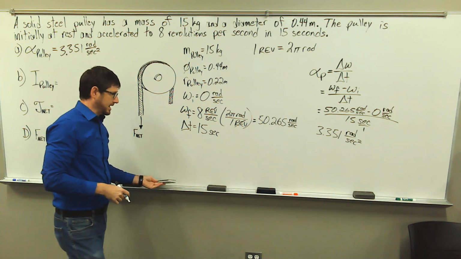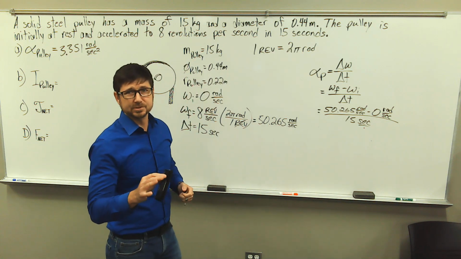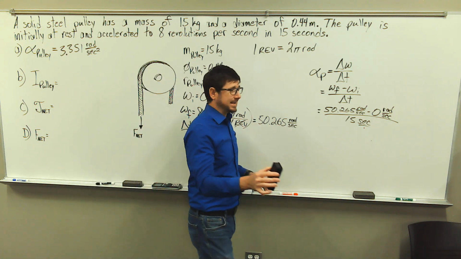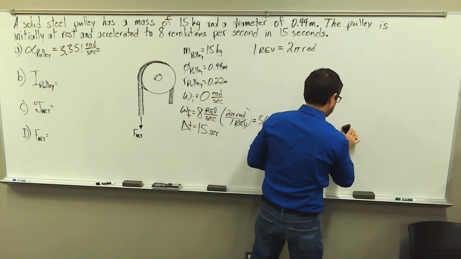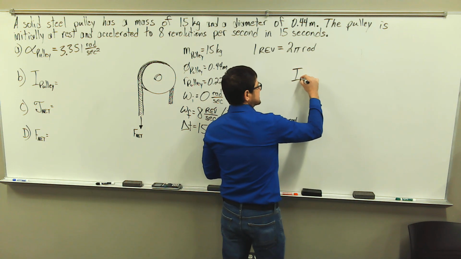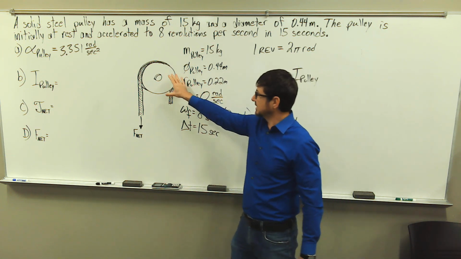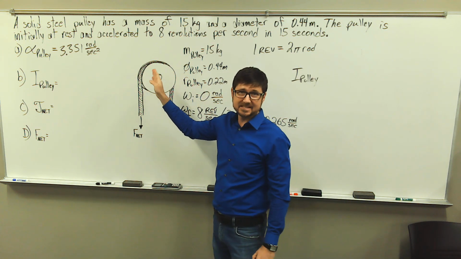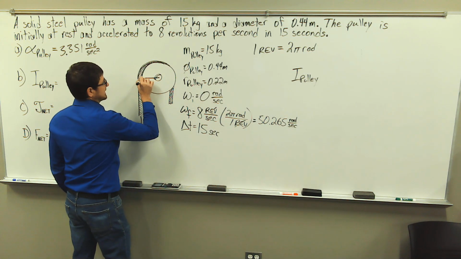Okay? Now, we need to calculate the moment of inertia of the pulley, identified by capital I. All right, so I sub pulley. So for geometry of a pulley, we have a cylinder here, and we have a radius.